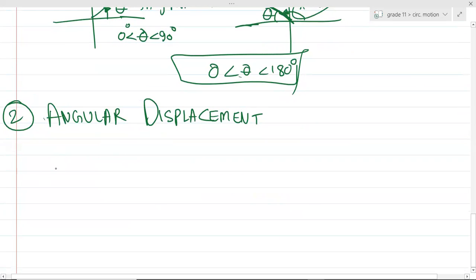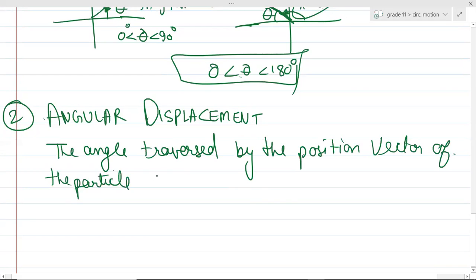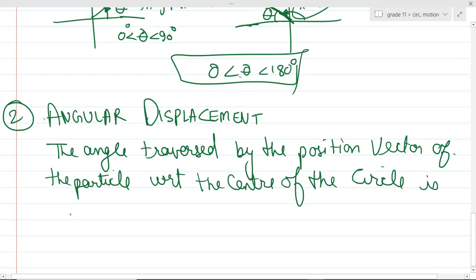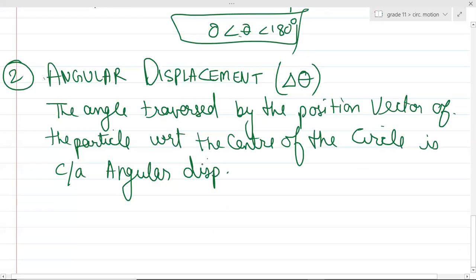It is the angle traversed by the position vector of the particle with respect to the center of the circle, and it is called angular displacement. It is denoted by delta theta.